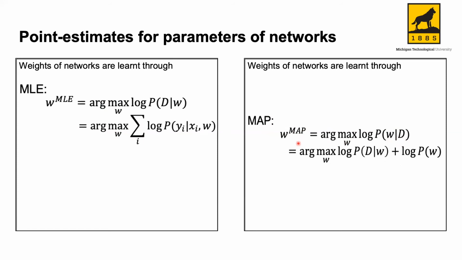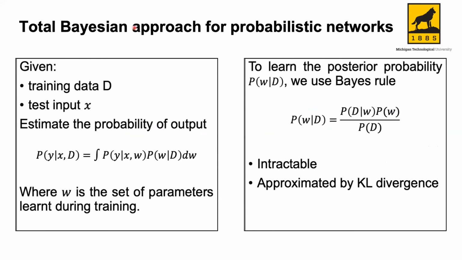The total Bayesian approach, or fully Bayesian approach, basically takes care of the entire posterior probability distribution of W, and it marginalizes over all possible W's.